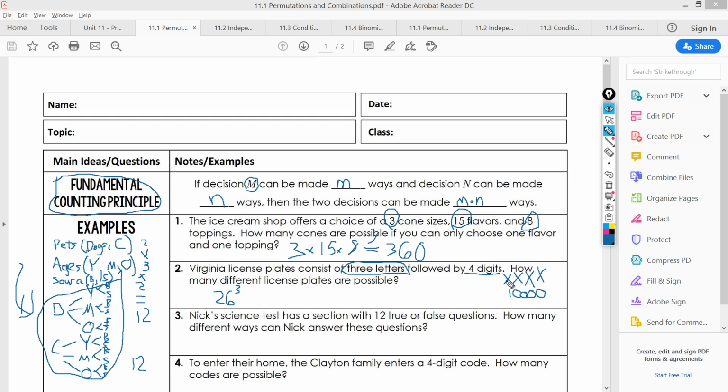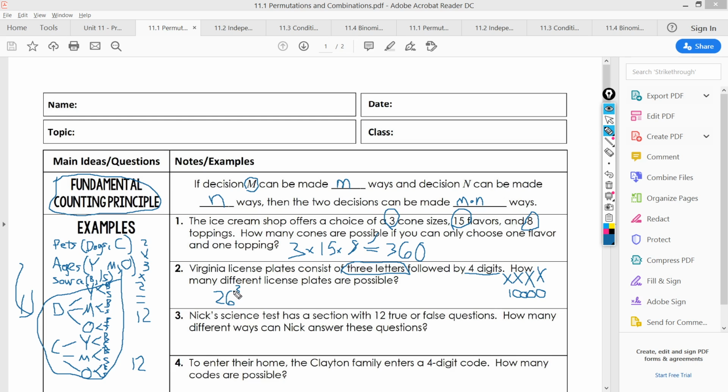Now, you might say, why is it 9,999? Right, that's as high as we can go. Why is it 10,000? Well, we have to include the option where these are all 0, right? It's possible that if you have a license plate, it could be 0000, right?